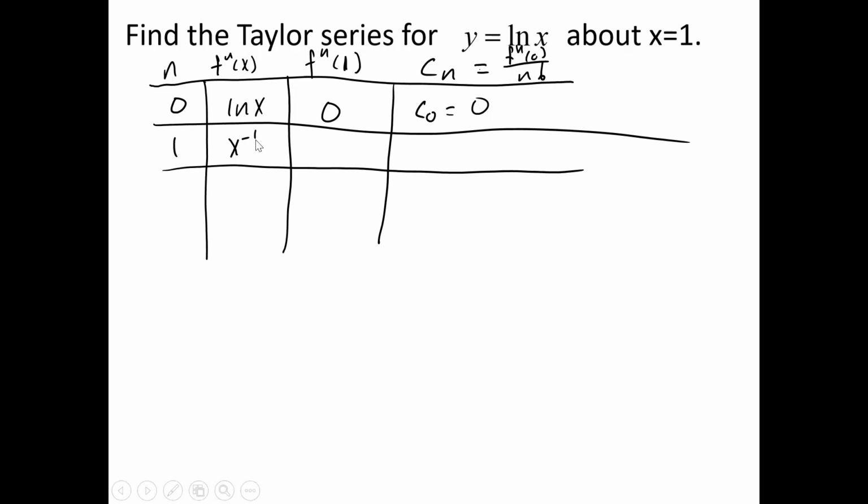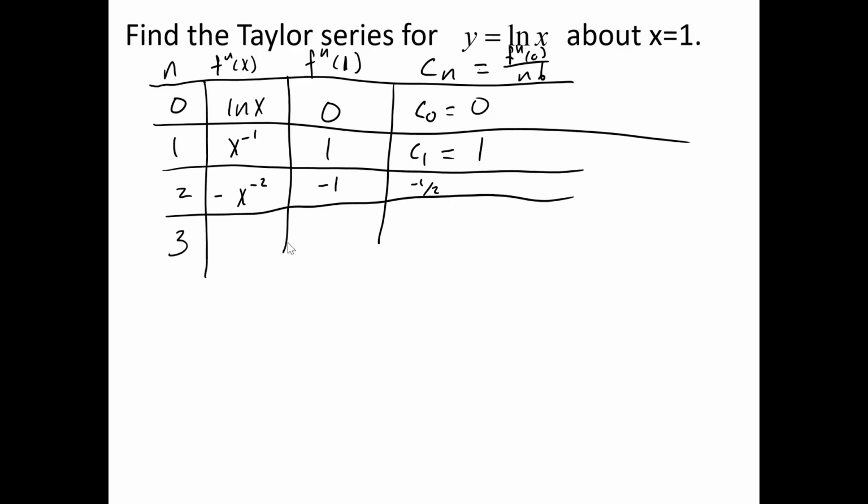Make it easier to differentiate. When we plug in 1, we get 1. And so then C1 is 1. When n is 2, now we bring down the exponent, take 1 away from the exponent, plug in 1, 1 to any power is 1, negative 1, and so then you get negative 1 over 2 factorial, which is negative 1 over 2.